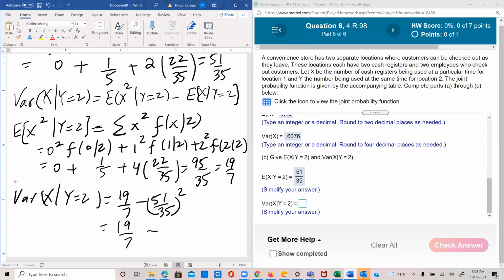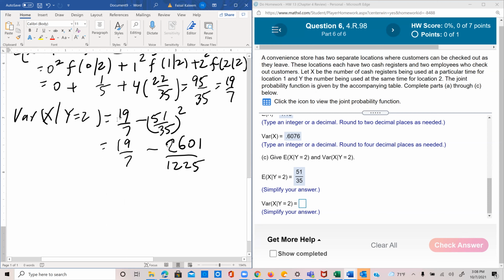Okay, so let's calculate: 51 square is 2601 and 35 square is 1225. And now take the common denominator, which is 1225.